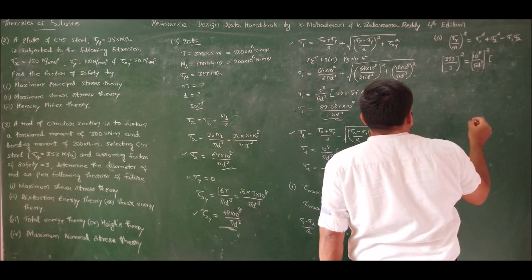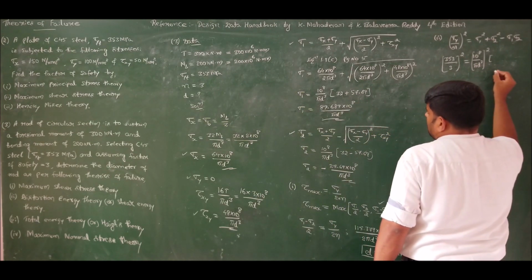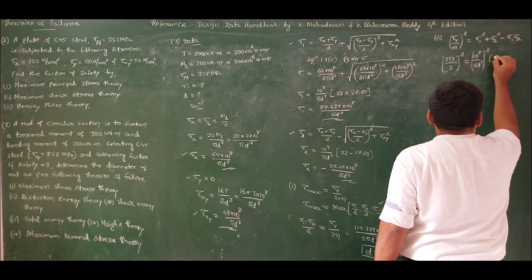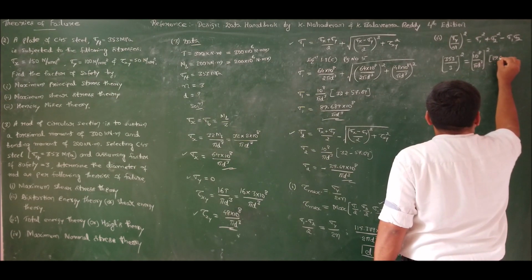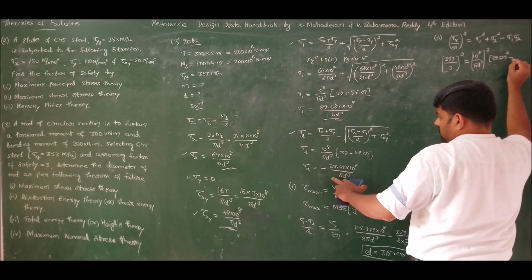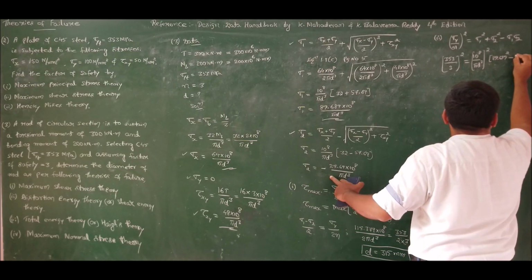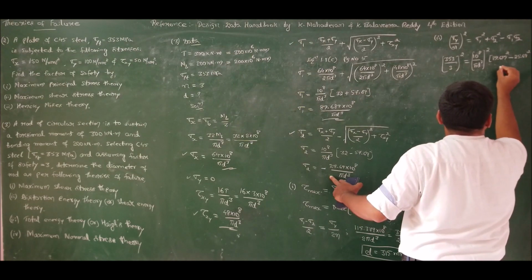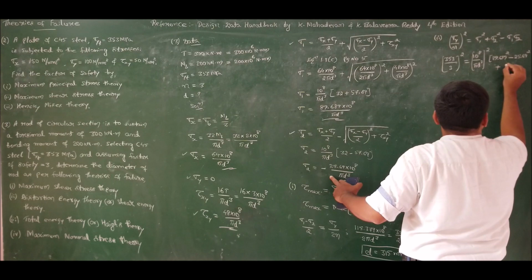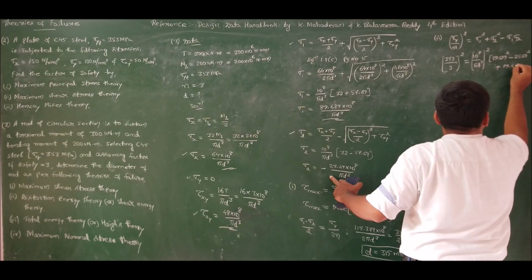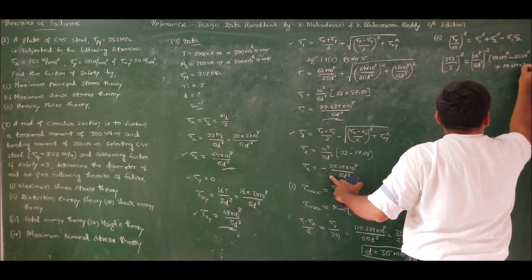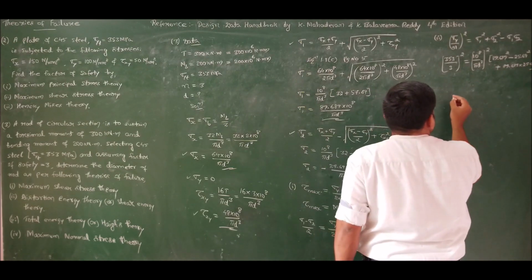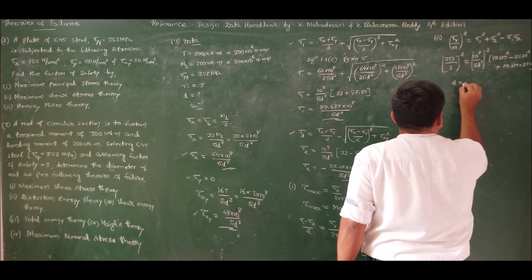I am left with 89.689 square minus 25.69 square, minus of minus will become plus, 89.689 into 25.69.